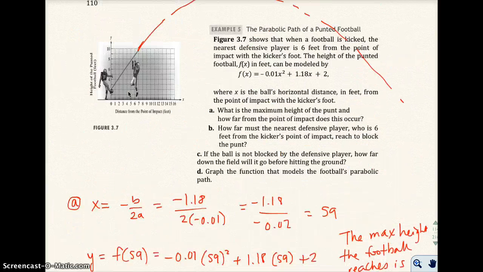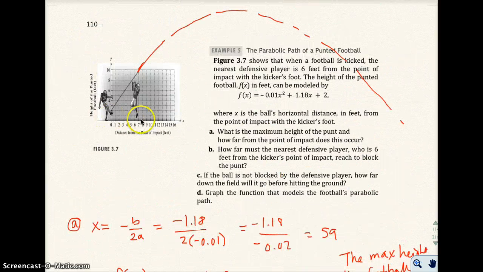So again, he's right here, 6 feet away. We know the height of the football is going to be about 8.72. So if he can reach about 8.72 feet, he'll be able to touch that football and hopefully block it.